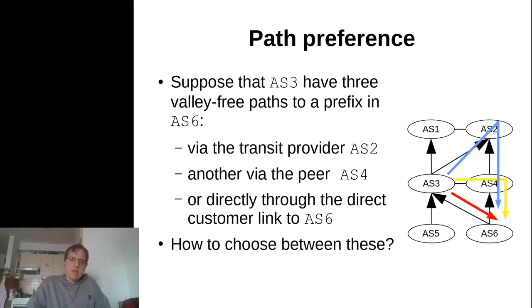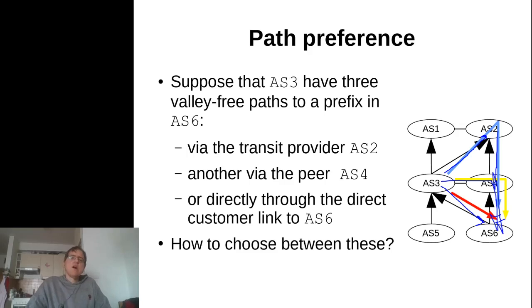So again, AS3 has 3 very free paths here. The dark blue path goes directly to AS6 along a customer link. The light blue path goes through a peer, and from that point it goes to AS6, and the orange path goes all the way through AS2, and from that point it takes downward steps to AS6.